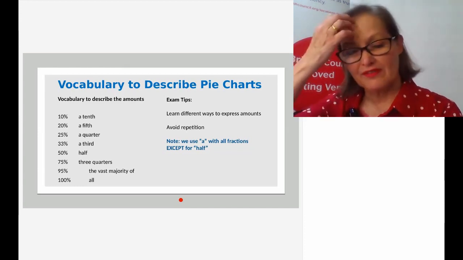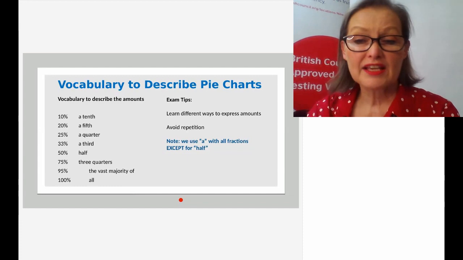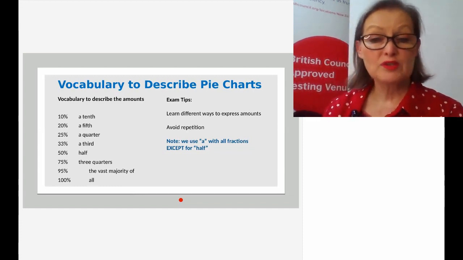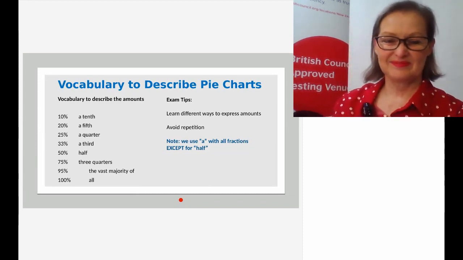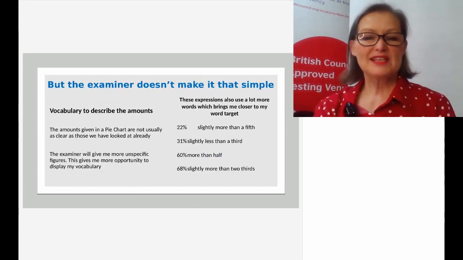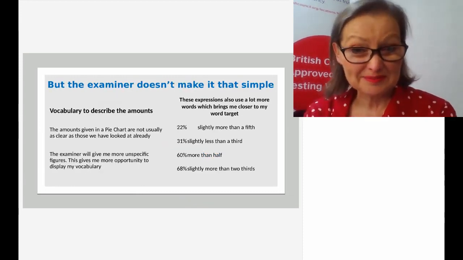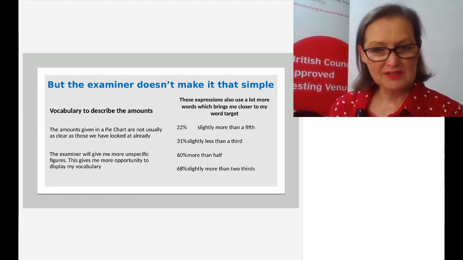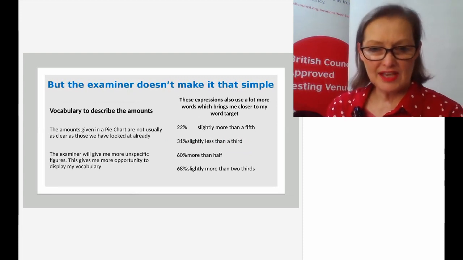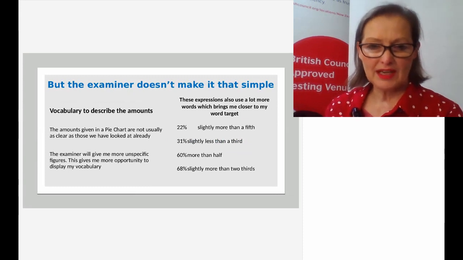So these fractions versus percentages give me an opportunity to avoid repeating percentage, percentage, percentage. But the examiner doesn't always make it that simple. So when we use vocabulary to describe amounts, the amounts given in a pie chart are not always as clear as those that we've looked at already.